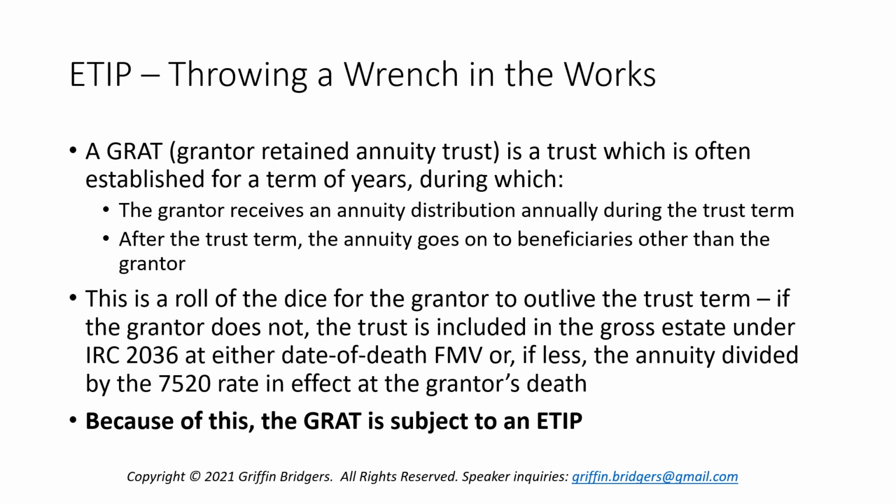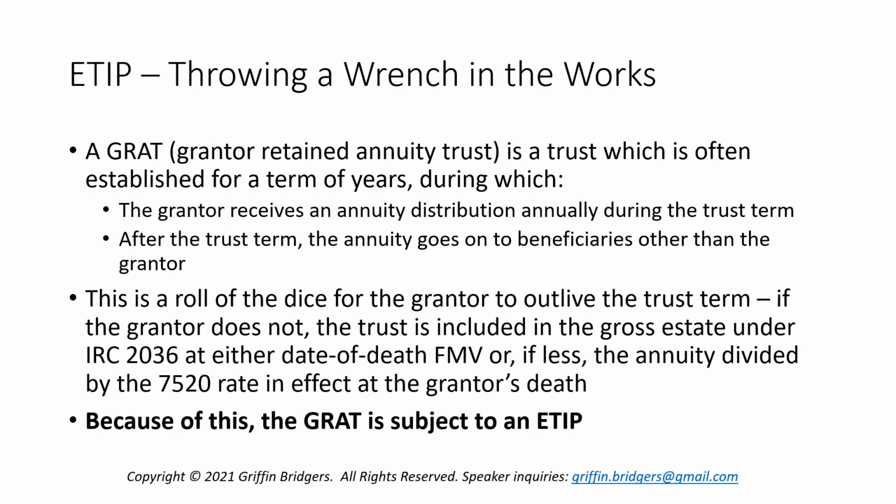If you don't know what a GRAT is, it's a trust which is usually established for a term of years. During that term, the grantor, the creator of the trust, receives an annual annuity distribution, and then after the trust term, the balance of the trust should go on to beneficiaries other than the grantor.